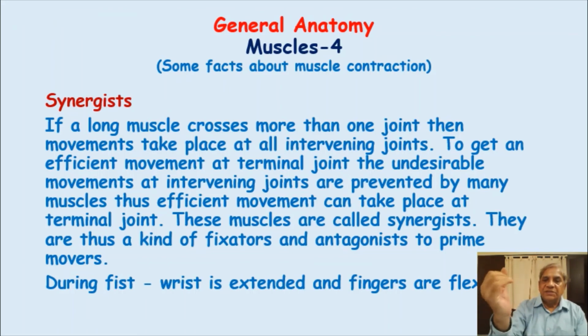When these muscles of the forearm contract, the first movement which takes place is flexion of the digits, flexion of the fingers at the different interphalangeal joints. And I have made a strong fist here.